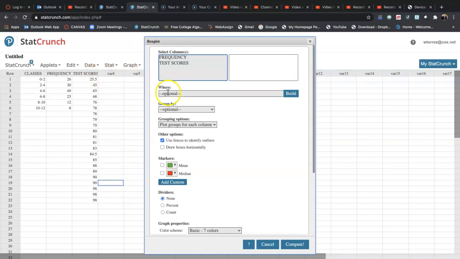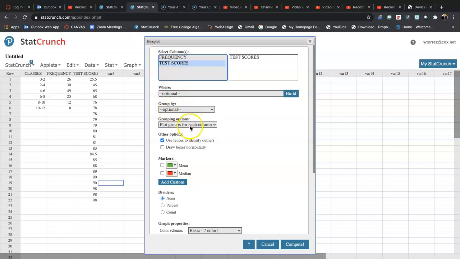Okay, so notice that in this action window, we need to select a column. Okay, if you selected more than one column, you would get more than one box plot in your graph, but we're only plotting test scores here. Okay, and we'll skip these two options here.